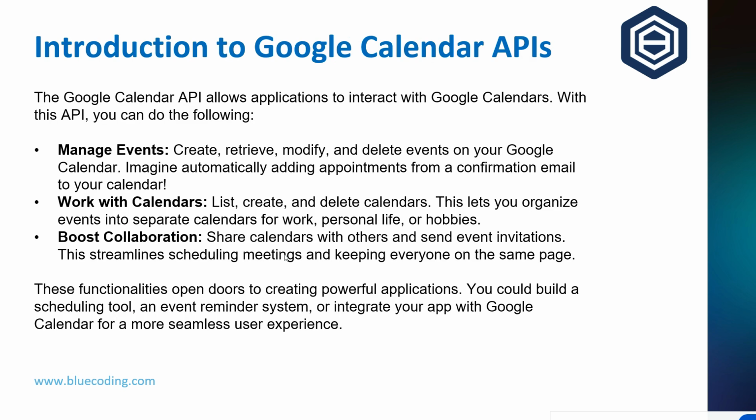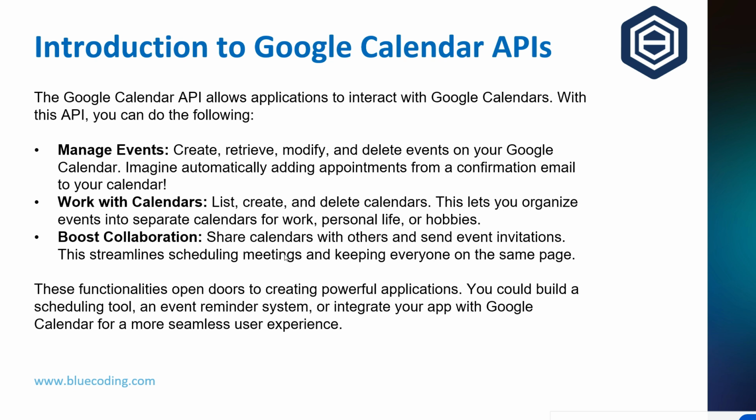So the first step is the introduction to the Google Calendar APIs. The Google Calendar API allows applications to interact with Google Calendars. With this API, you can do the following. Manage events: you can create, retrieve, modify, or delete events on your Google Calendar. Imagine automatically adding appointments from a confirmation email to your calendar.